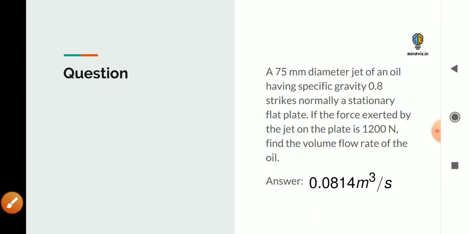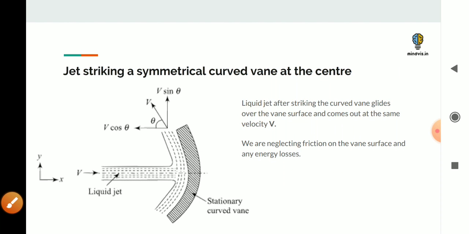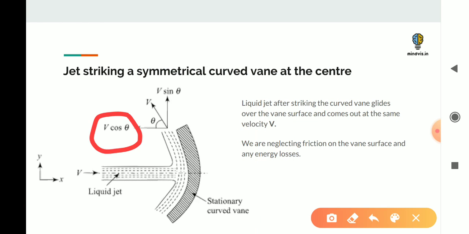This is the sample question here, you have to try with the formula given. A jet is striking a symmetrical curved vane at the center. As discussed here, this is the curved vane having the velocity V, but you can see that there is the component V cos theta in the negative x direction.